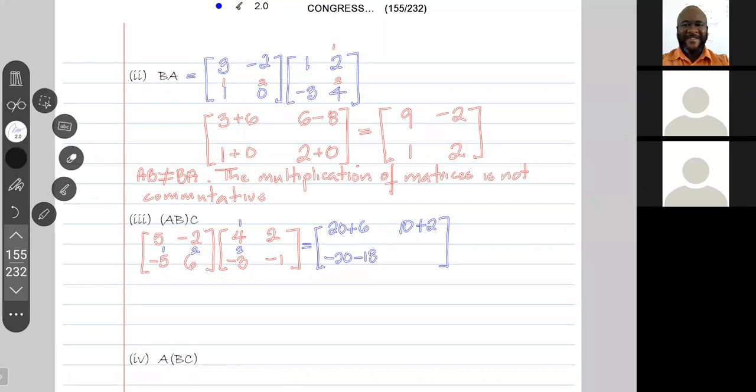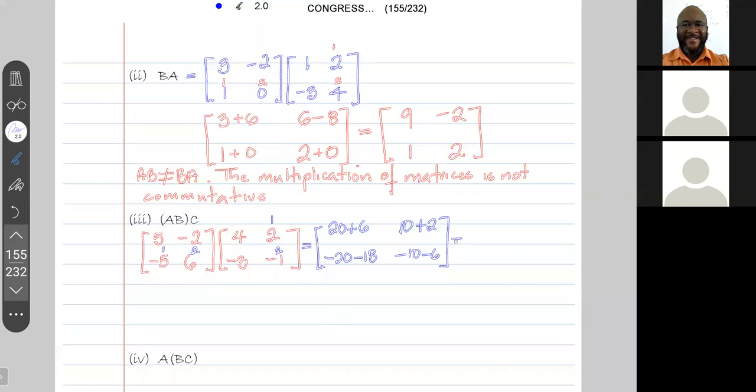Lastly, I'm going to multiply the bottom row, but this time now by the right column. First element in the row times the first element in the column, minus 5 times 2, minus 10. Second element in the row times the second element in the column, 6 times minus 1 is minus 6.